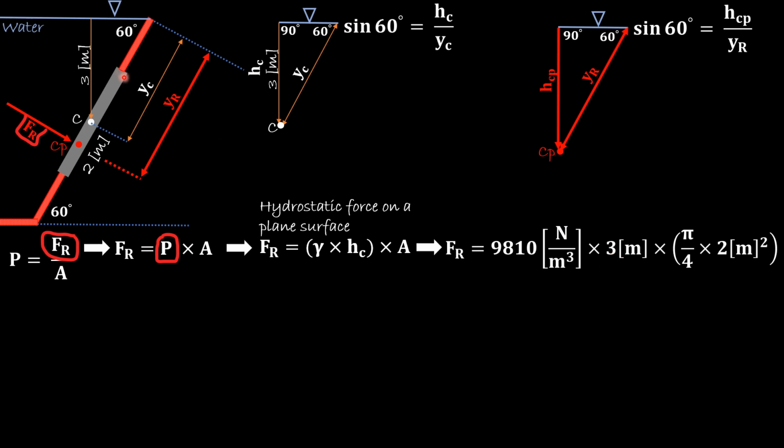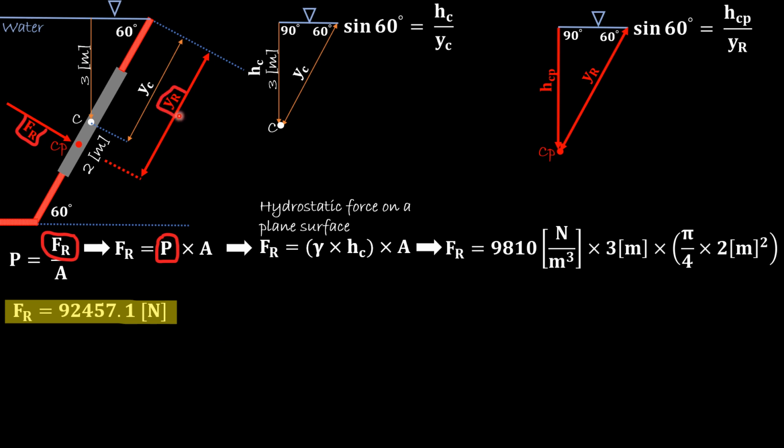The area: the problem statement tells us we're dealing with a circular gate, so the area of a circle is pi over 4 times diameter squared. 2 squared gives you 4, the 4 cancels with the 4, so the area will be pi. When you plug this into your calculator, it will give you the resultant net force, the magnitude, of 92457.1 newtons. That's how much force will be applied from the water on the gate.